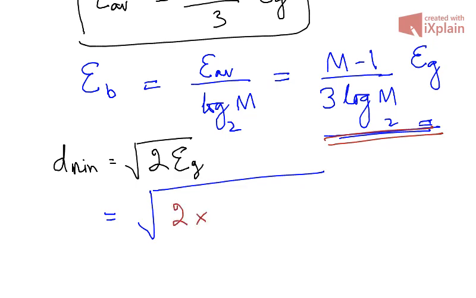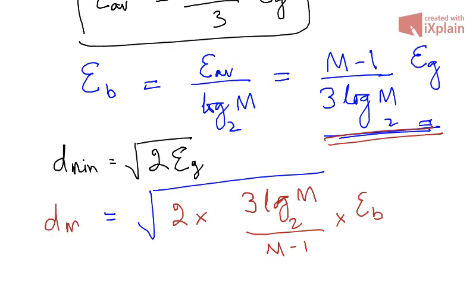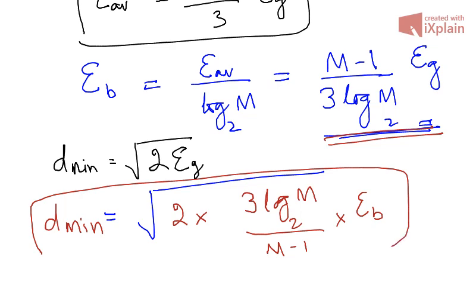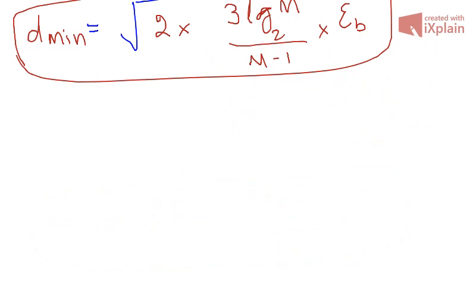So it would be 2 times square root of Eg, and Eg is actually 3 log M to the base 2 over (M minus 1) times Eb, right? So this is your expression for the minimum Euclidean distance in terms of average bit energy. So we end up over here.